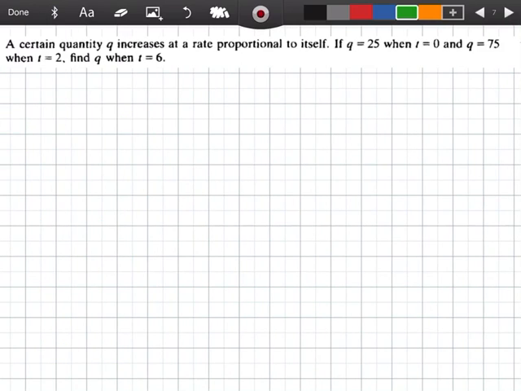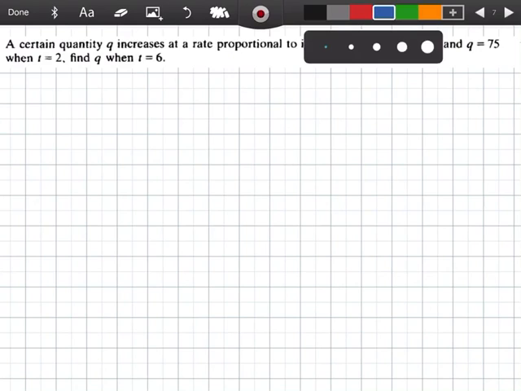Next. So, ito naman ay for population. So, a certain quantity Q increases at a rate proportional to itself. If Q is equal to 25 when T is equal to 0 and Q is equal to 75 when T is equal to 2, find Q when T is equal to 6.